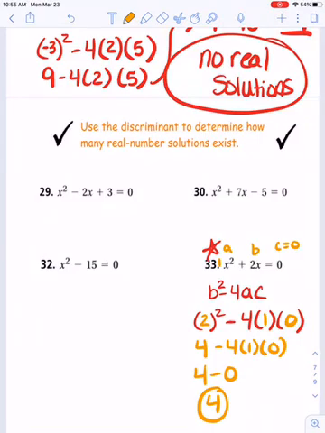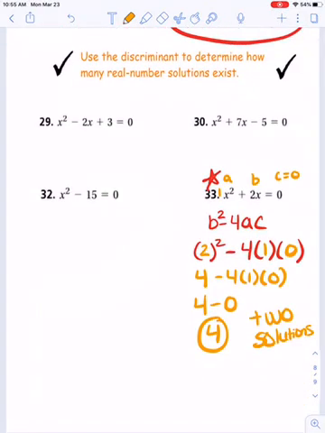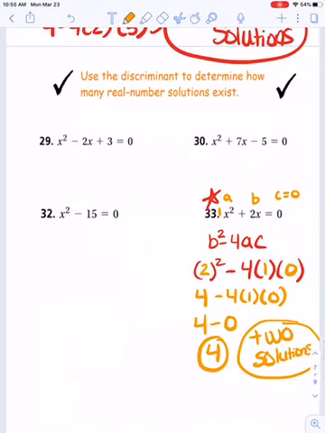Since my discriminant is 4, and more specifically since it's a positive number, that means I would have 2 solutions. I don't care right now what those solutions are, I just care that there are 2 of them since my discriminant is positive. To recap, if my discriminant is positive, I have 2 solutions. If it is 0, I have 1 solution. If it is negative, I have no solutions.